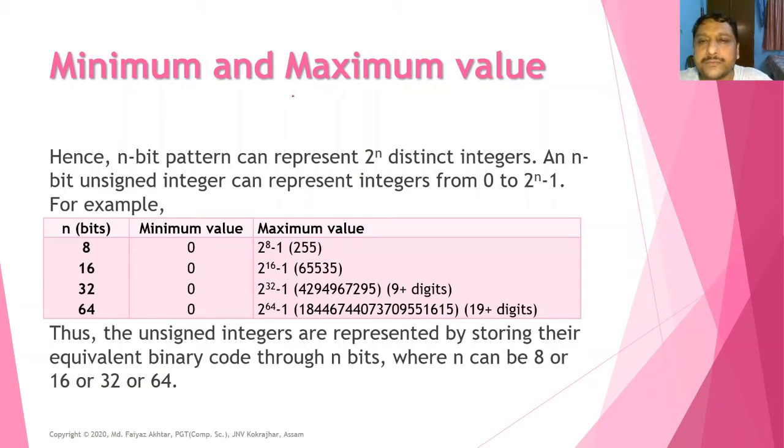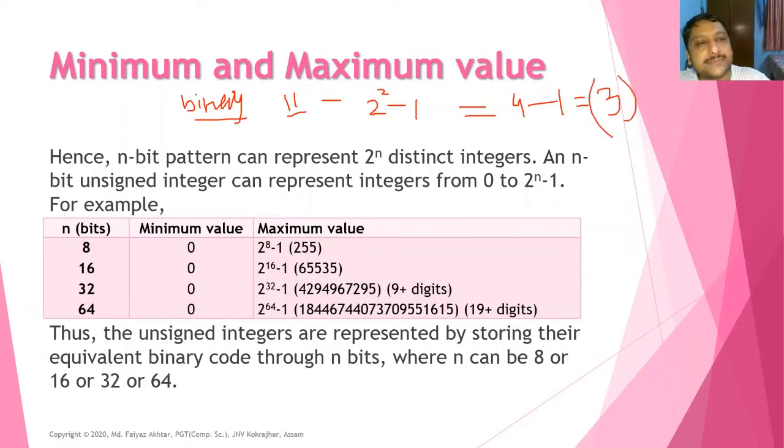Suppose we have taken 2 binary digits. 1 1 will be the largest number in binary, which is equivalent to 2 to the power 2 minus 1. 2 to the power 2 equals 4, minus 1 is equal to 3 in the decimal system.